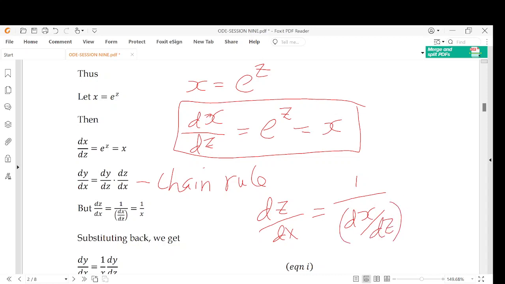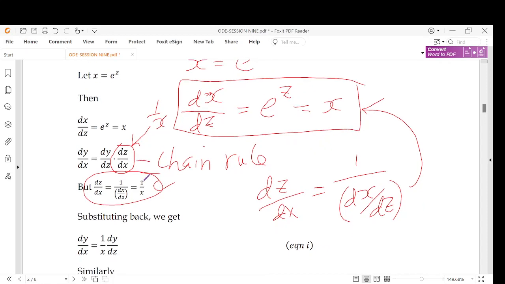And because we have seen dx by dz here is equal to x, then we can replace and get dz by dx is equal to 1 over x as we have here in this expression. So we want to substitute back dz dx. We see that we have dz dx here, which we can now write as 1 over x. So we replace this with 1 over x.